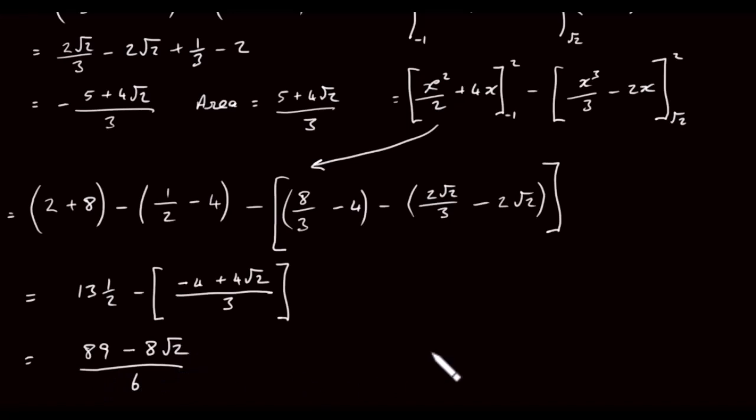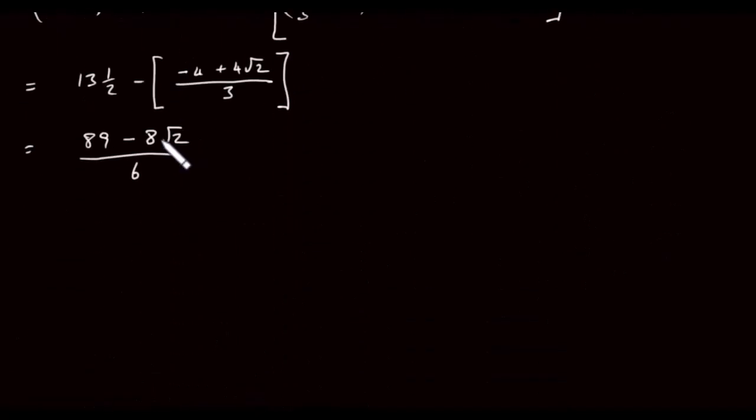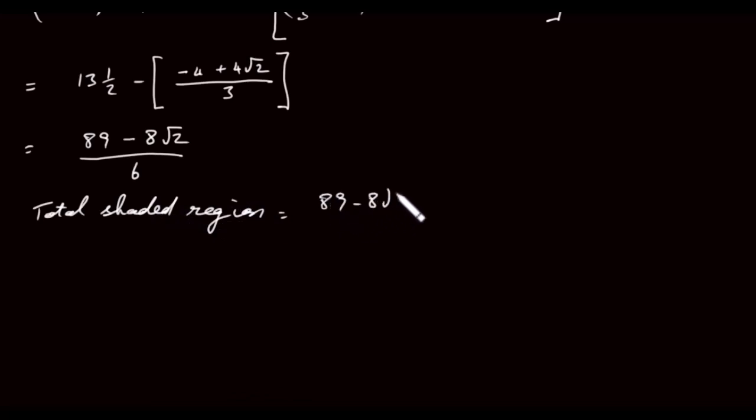Okay, so what have we just done? What we've done is we found this area up here, the shaded region above the x-axis. Okay, so what I need to do now is add this here to this here, and that should give me my total area. So the total area then, total shaded region, is equal to the 89 minus 8√2 over 6 plus that bit up there that's off screen.